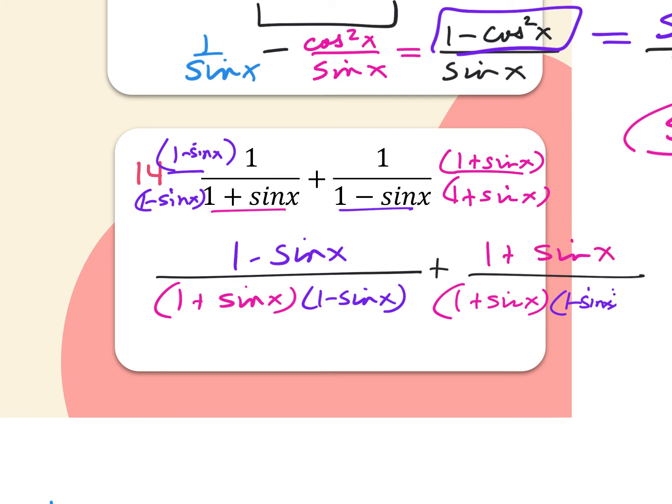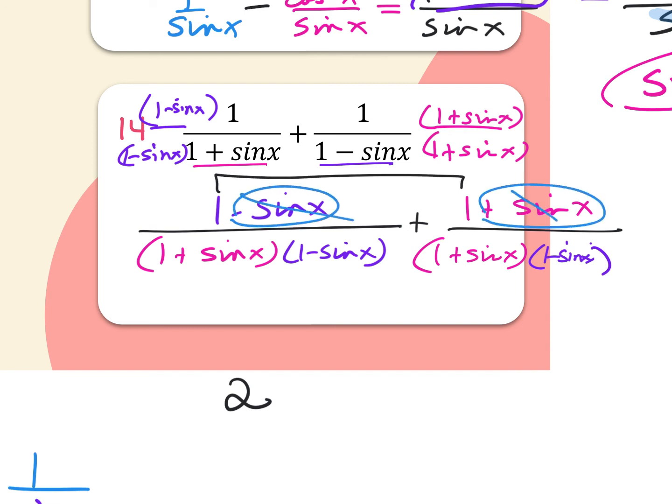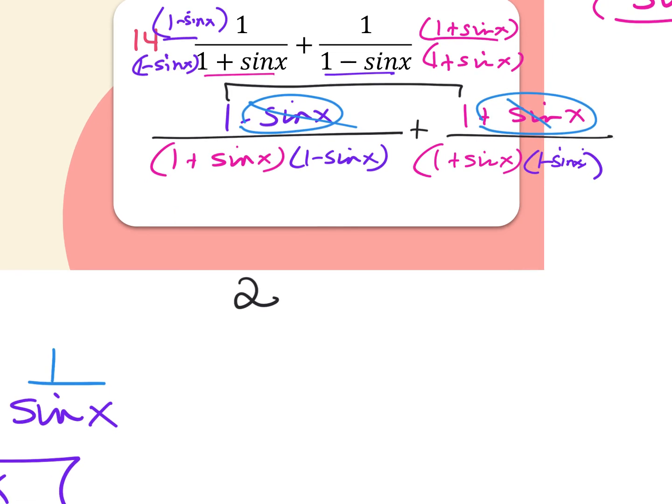Now that I have a common denominator, I can add my numerator. So when I add the top, this is 1 plus 1, and it's 2. But then this negative sine x plus sine x, it's just gone. And then I still have the common denominator.